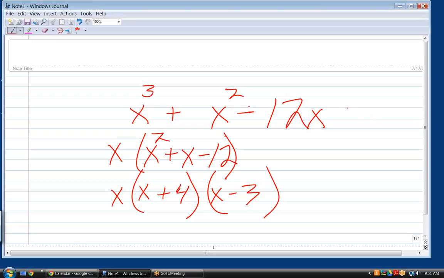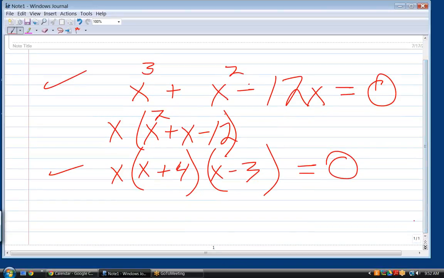Now, let's go back and figure out why this is so valuable. Let's say that we had an equation at the beginning. Well, solving that is really hard. I've got the sum and difference of three terms equaling 0, what the heck can I do? Well, by the time I've fully factored it down to here, and if all of that is equal to 0, now I'm in good shape to solve it.